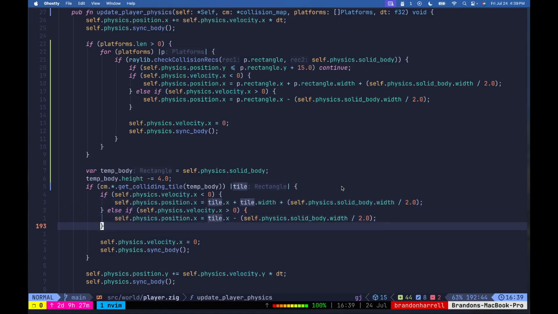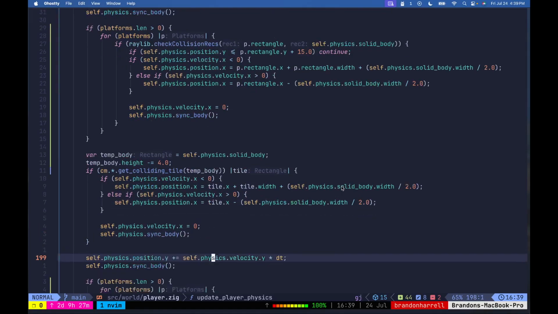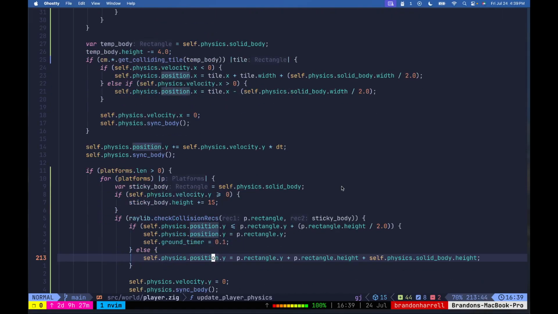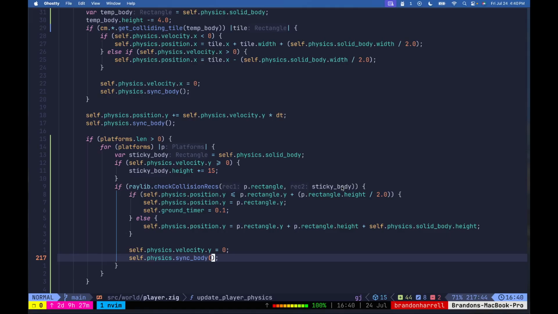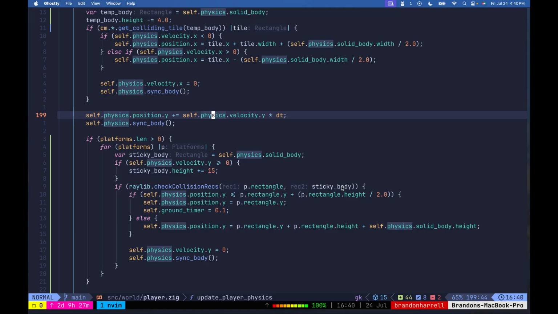So this is just the equation to resolve it on the x-axis. Now the y-axis gets tricky because we have a vertical moving platform, right? Going up and down means that he gets reset into an air state when he's not supposed to be reset into an air state. So the same trick applies, right?